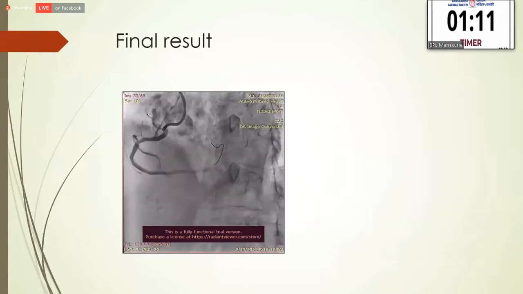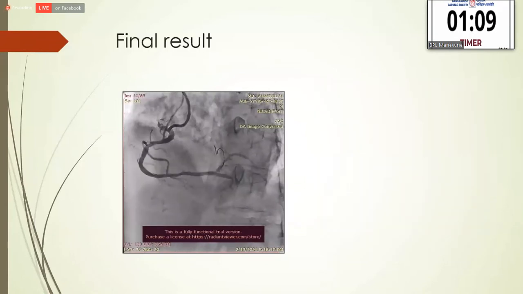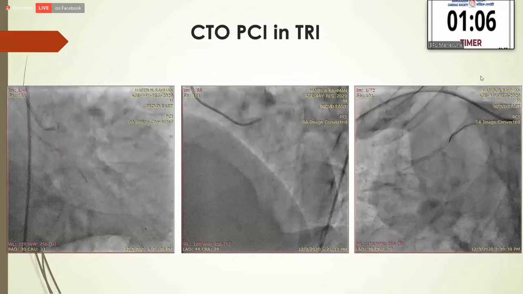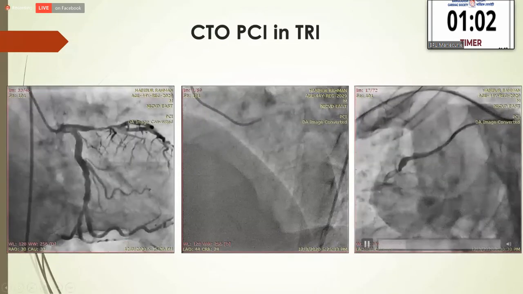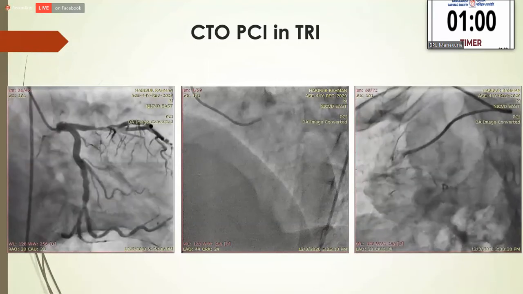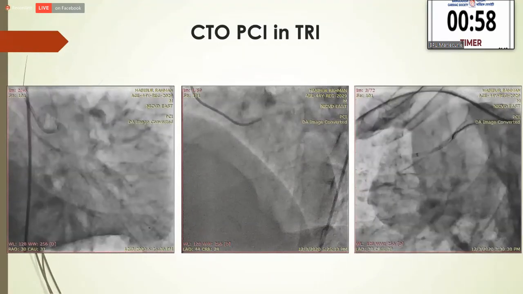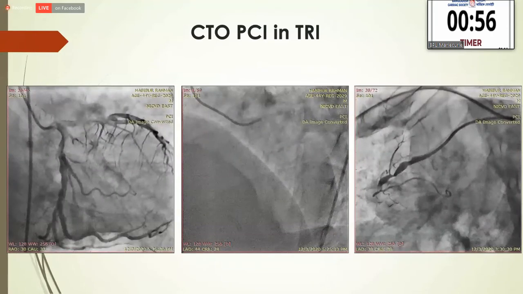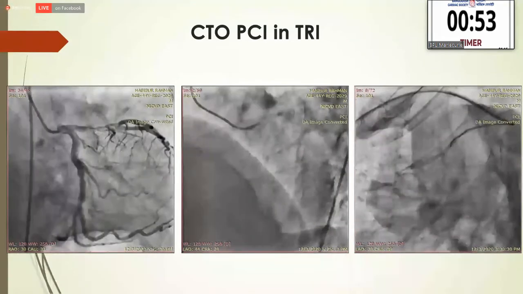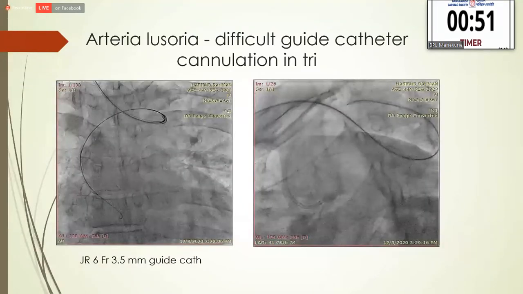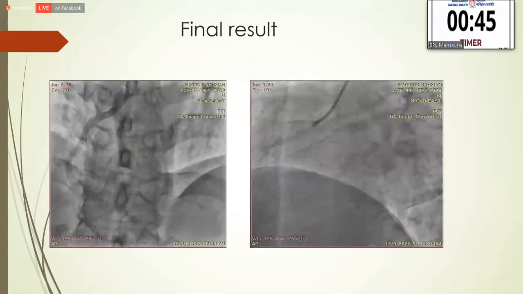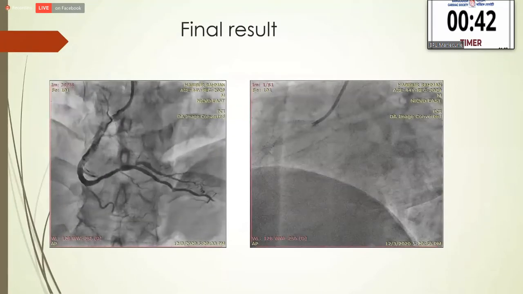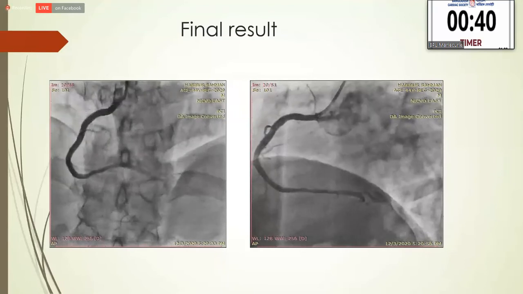So we can do all types of complex cases as well as abnormal origin. And this is another case of arterial tortuosity with CTO, and let us see the result after angioplasty. This is the pathway of the catheter, and this is the final result after opening the CTO and doing the stent.